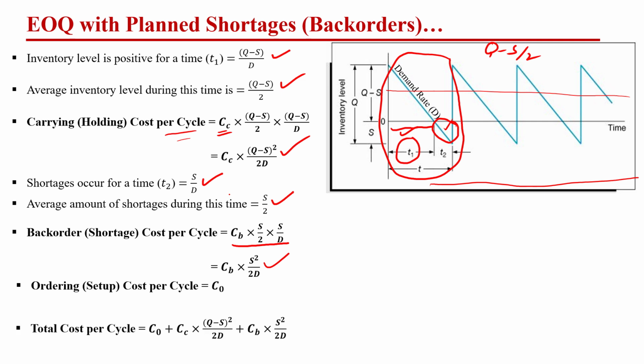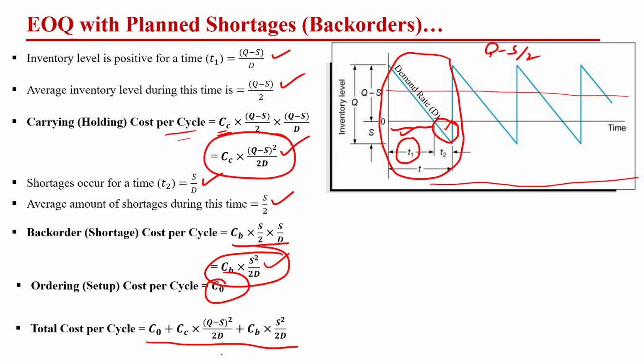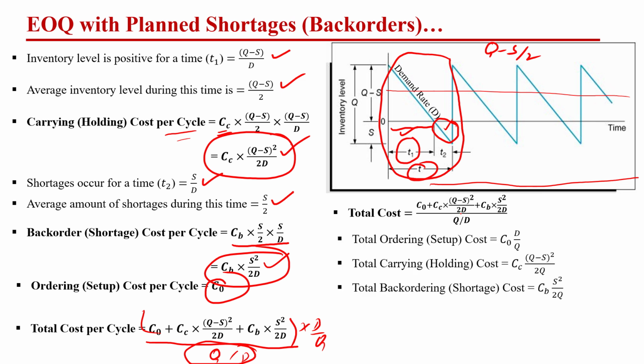In order to calculate the total cost, we can simply add up the order cost, shortage cost, as well as the carrying cost. If I divide this entire per cycle cost by the cycle time, which is Q by D, or you can say if we multiply it by the number of orders per year, that is, we divide it by T, the order cycle time, we would be able to get this total cost function.